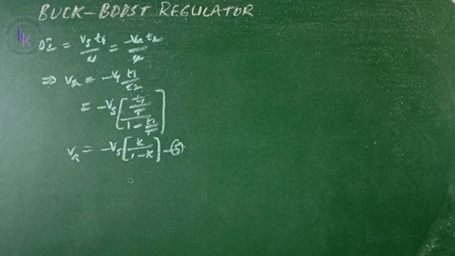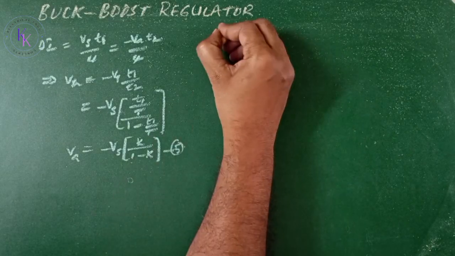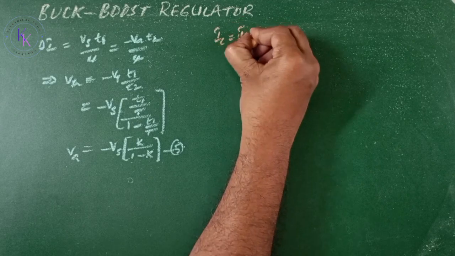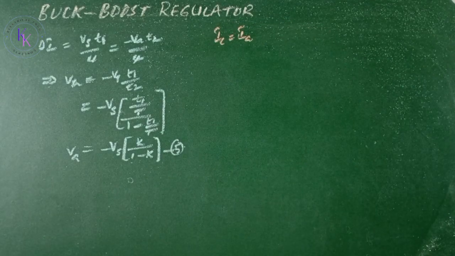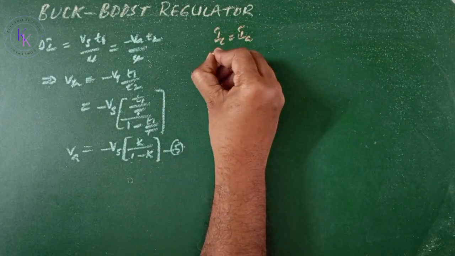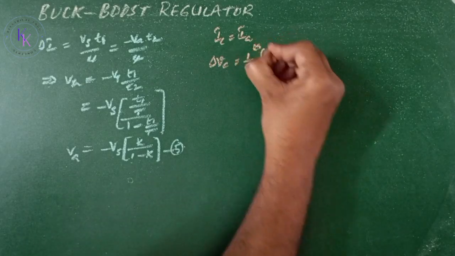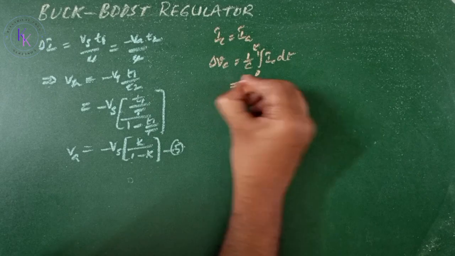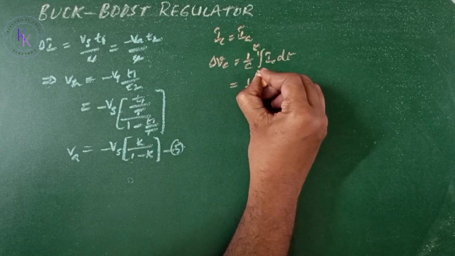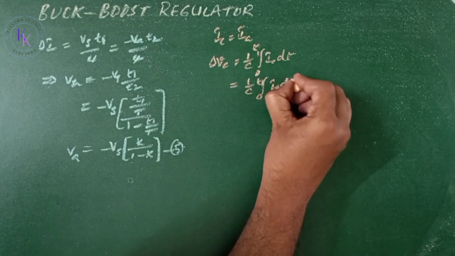Now, when transistor Q1 is on, the filter capacitor supplies the load current for time T1. The average discharge current of the capacitor is IC equals IA. And the peak to peak ripple voltage of the capacitor, delta VC, equals 1 by C integral 0 to T1 of IC dt, which equals 1 by C integral 0 to T1 of IA dt.